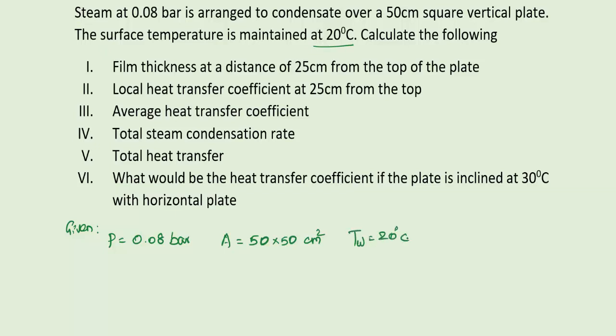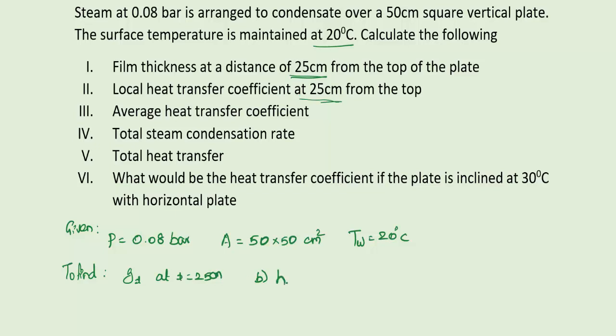In the first subdivision, they are asked to find the film thickness at a distance of 25 centimeter. So the first thing to find is film thickness, that is delta x at x equal to 25 centimeter. In the second subdivision, that is B, they are asked to find the local heat transfer coefficient at the same distance.